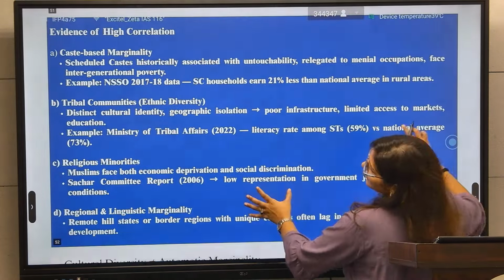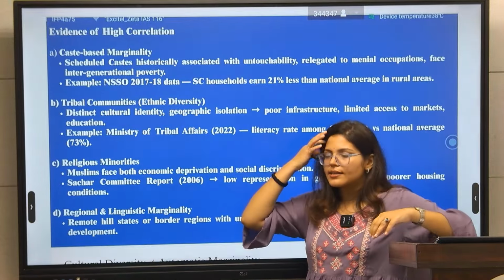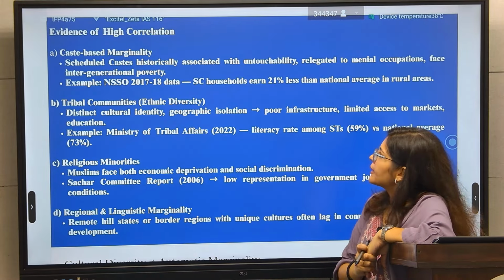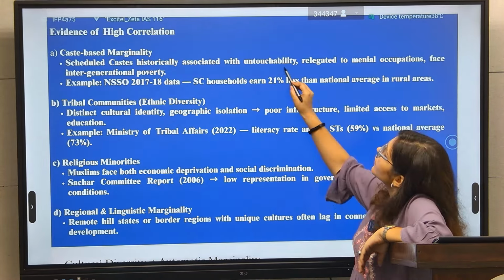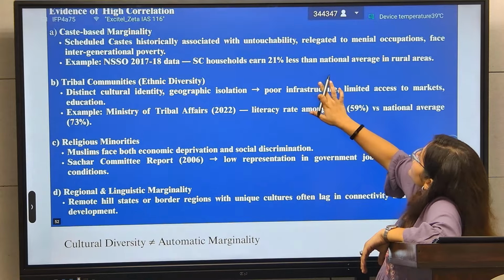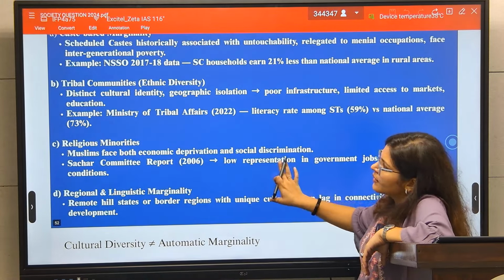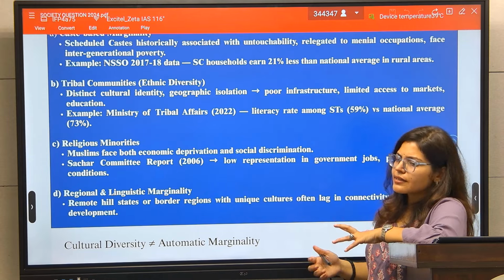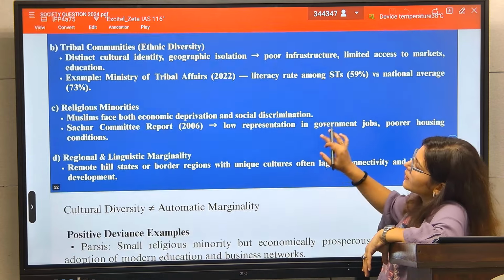So first, there is a high relation: caste-based marginalities. You can give this data also, NSSO 2017-18, where SC households earn 21% less than the national average in rural areas. Then the tribal community living in isolated areas, they are less developed, with no education, no healthcare.